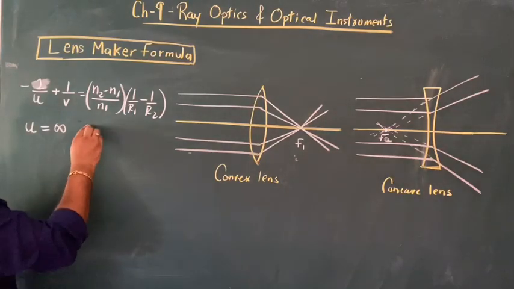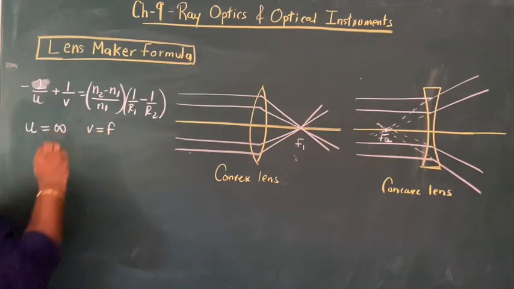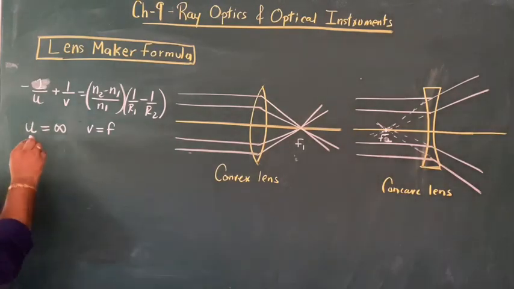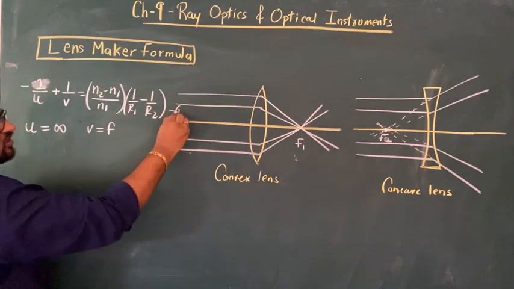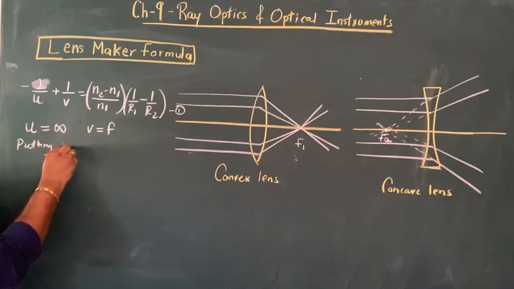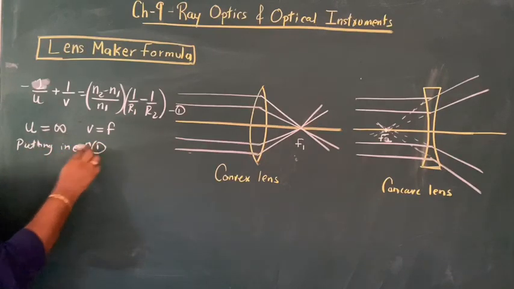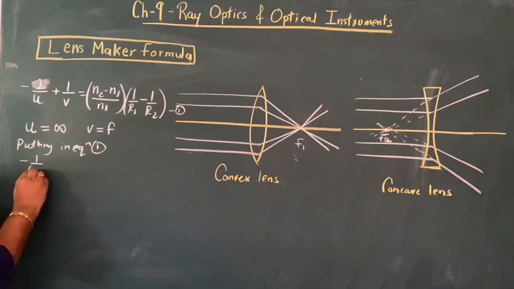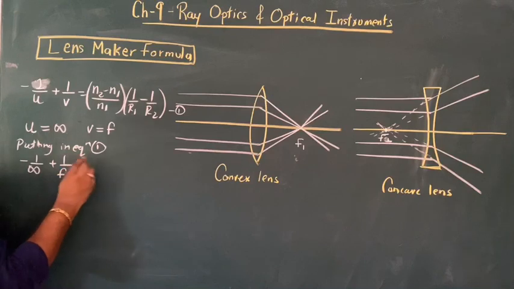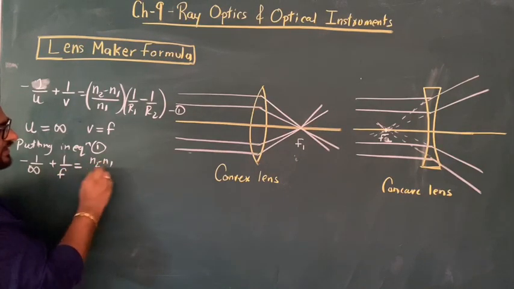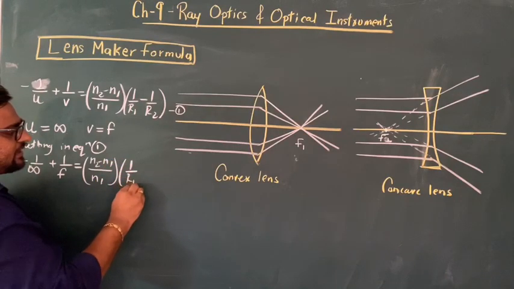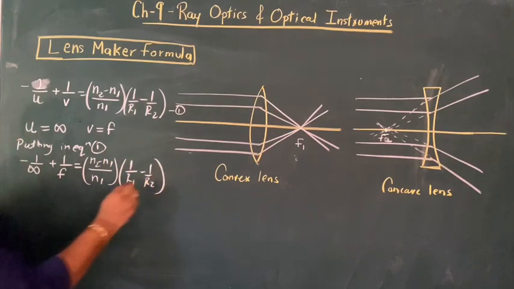So at that time I can write v is equal to f. Now let's put this in equation 1. Putting in equation 1, minus 1 by infinity plus 1 by f equals n2 minus n1 upon n1, 1 by r1 minus 1 by r2.